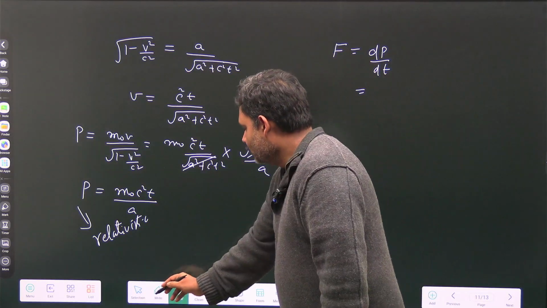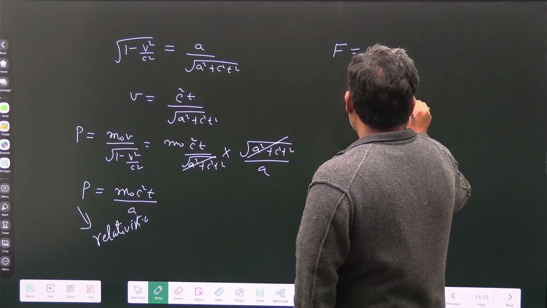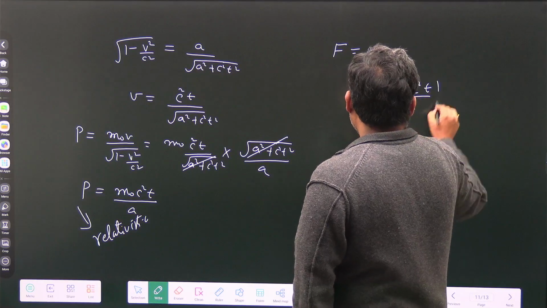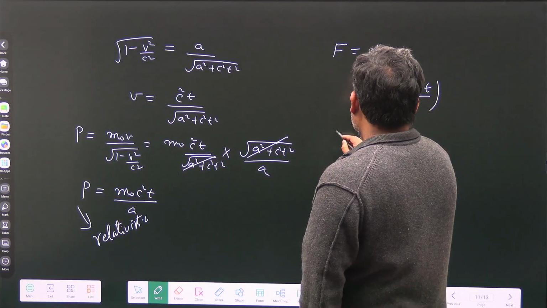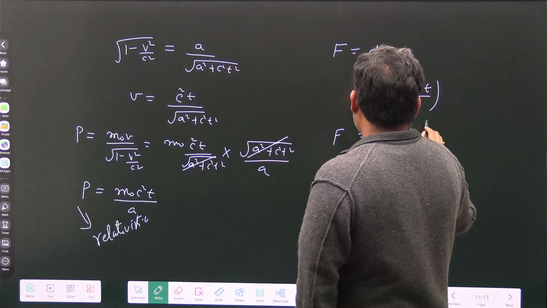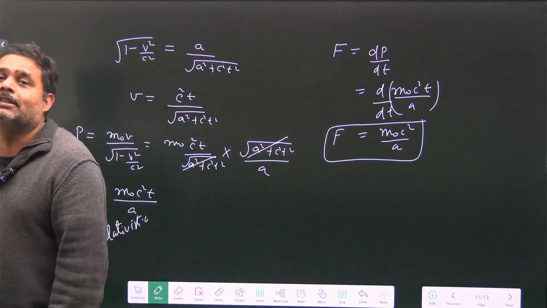So that value is equal to d upon dt of m naught c square t upon a. When we differentiate with respect to time, the force is m naught c square upon a. And you can see this force is independent of time, that is, a constant force.